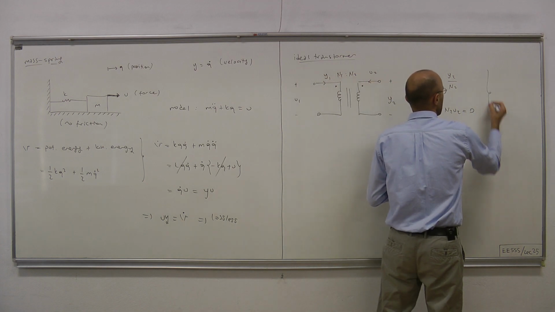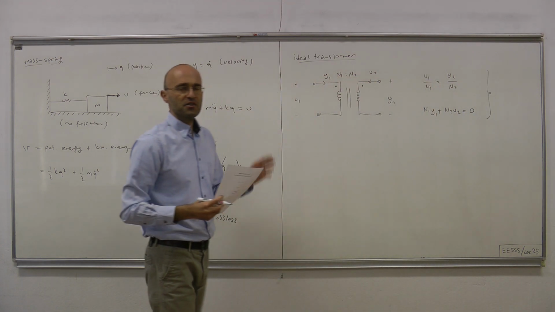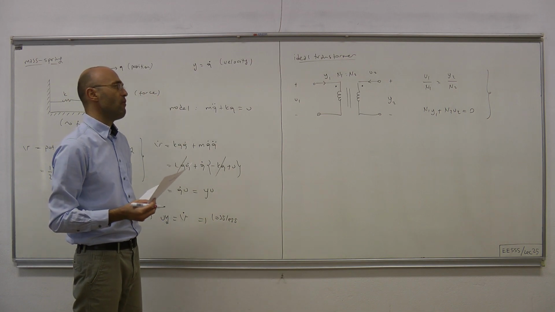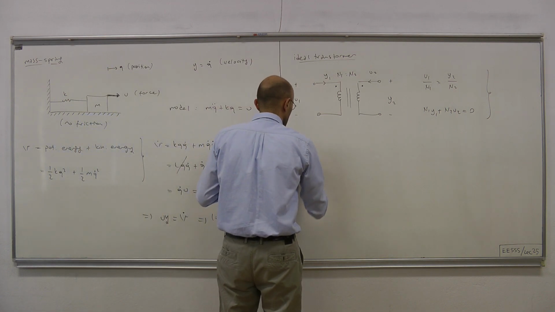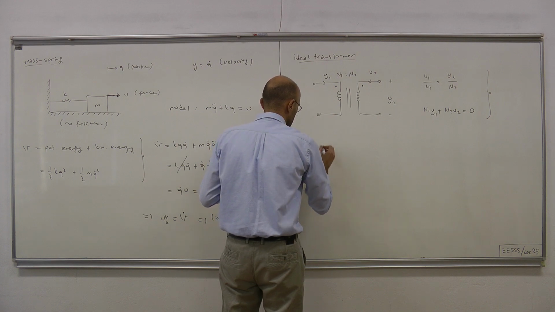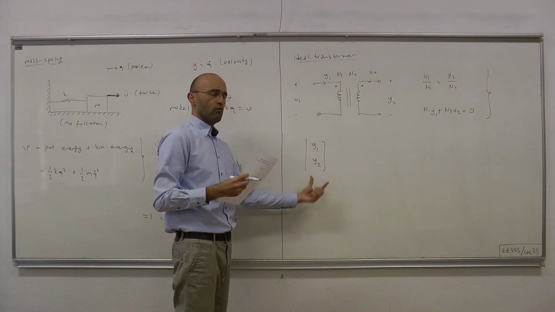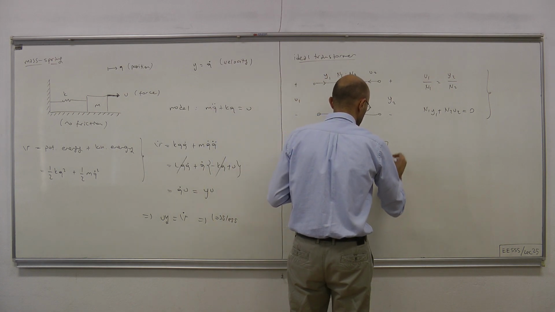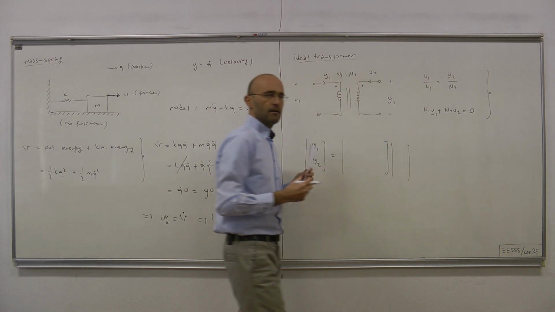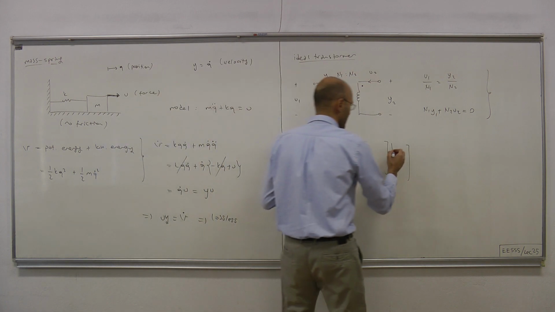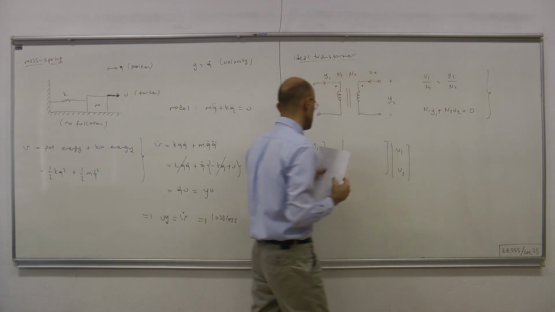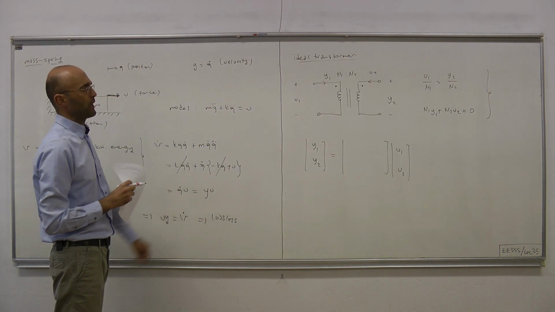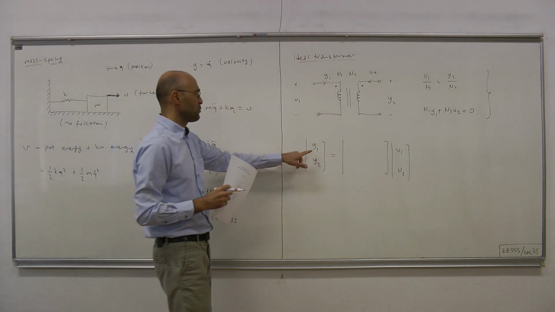Therefore, we can now combine these two equations into a mapping from the U vector to the Y vector. So Y1 and Y2, which is the overall output of the system, equals a linear function of the input U1, U2. To fill in the entries of that matrix, we look at the terminal equations. What's Y1?